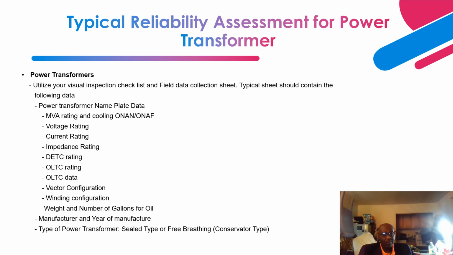in MVA. Right? And the reason why a power transformer is rated in MVA, if you can answer that question: when a transformer is rated in MVA, not megawatts, it is because when it is connected to a load, the load power factor changes.